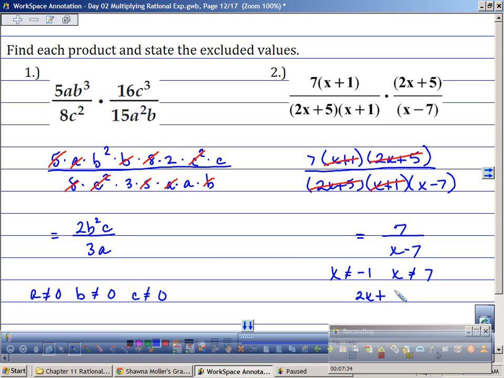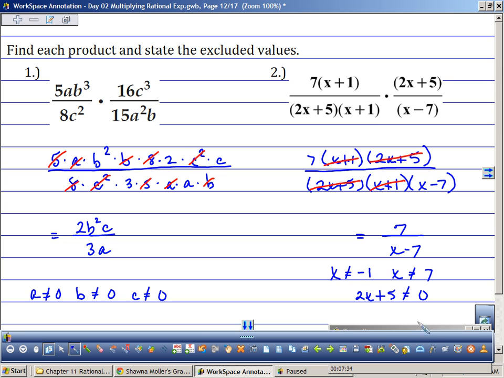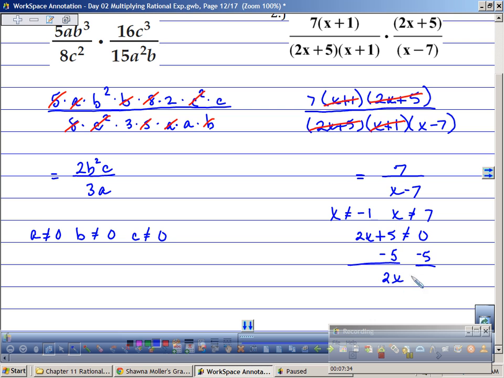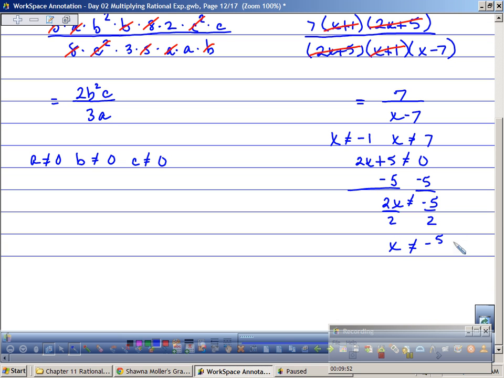If I set up 2x plus 5 to 0, I can say, I don't want this to equal 0. Well, let's see what happens. Simplify, good. Then 2x can't equal negative 5 divided by 2. So x cannot equal what? Negative 5 halves.